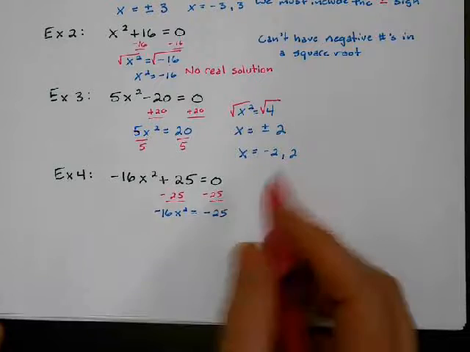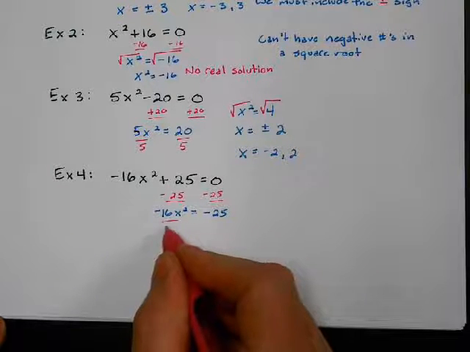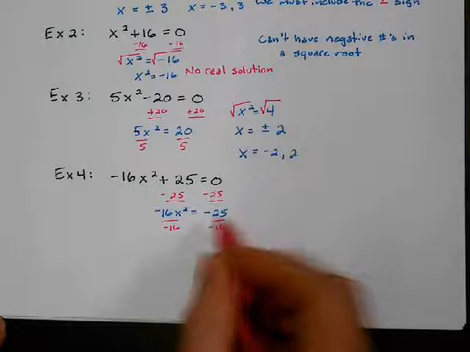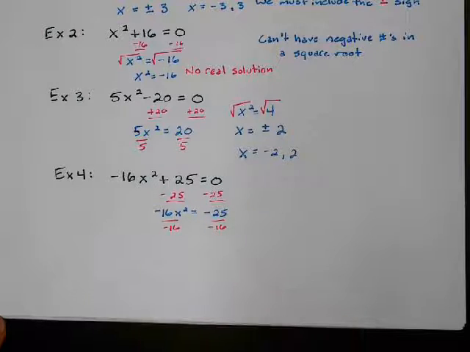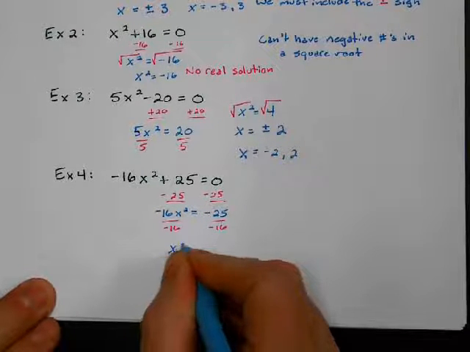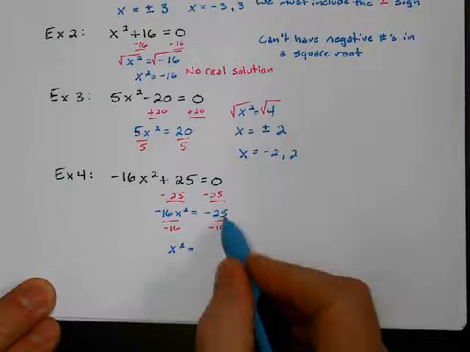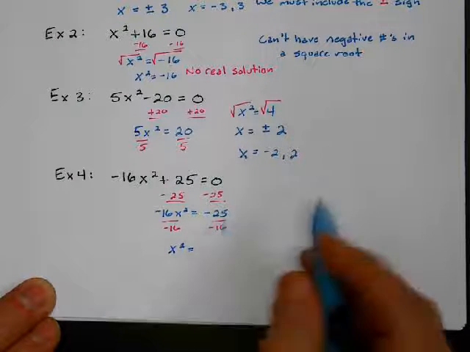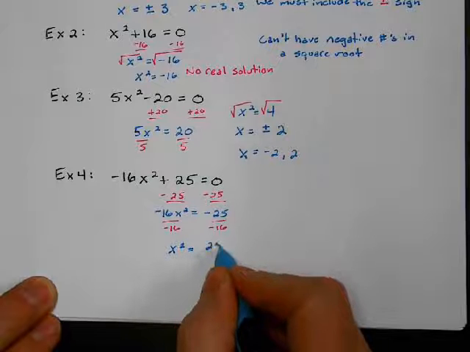So I'm going to divide both sides by negative 16. And see, when I do this, the two negatives are going to reduce each other. So I end up with x squared is equal to, that doesn't reduce, it's just 25 over 16. The negatives reduce, but these numbers don't. So I'm going to just put 25 over 16.